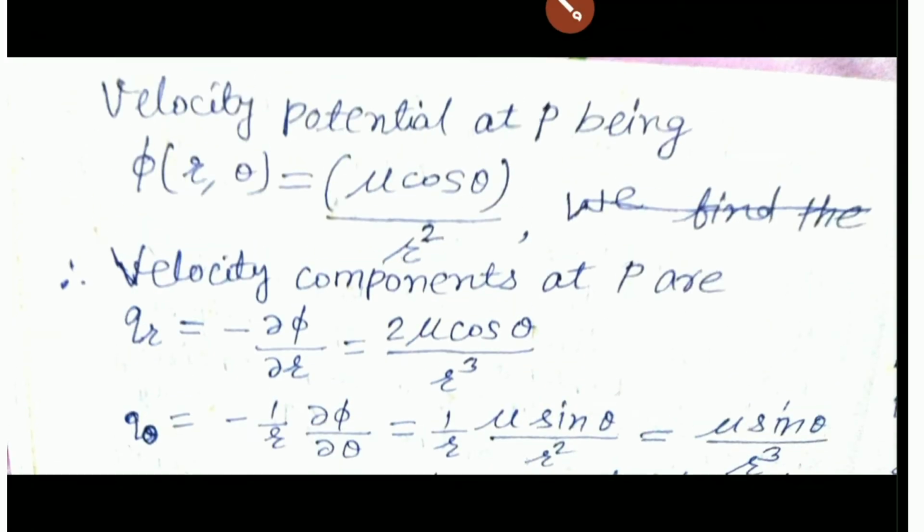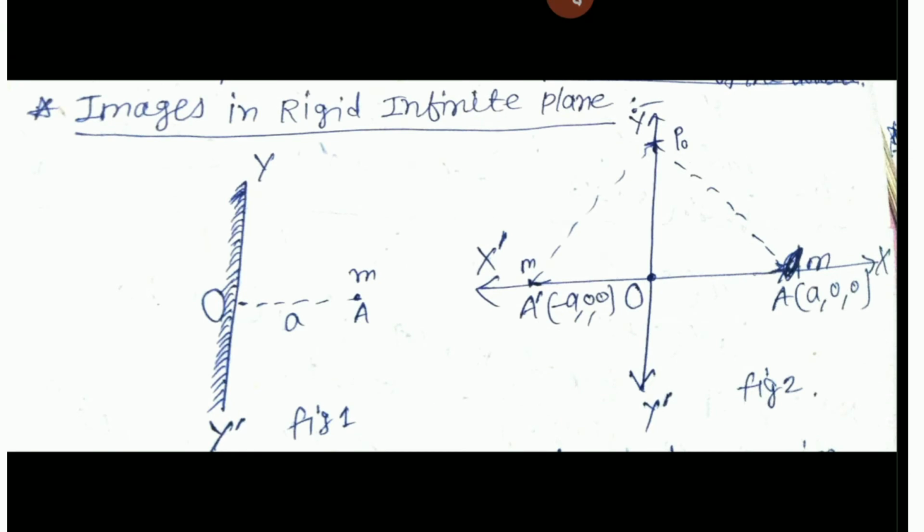So our next article is images in a rigid infinite plane. Suppose this is figure first and we have this figure second. Suppose the surface S can be drawn in a moving fluid in such a way that there is no transport of fluid across the S. Let S divide the fluid into two regions labeled first and second.